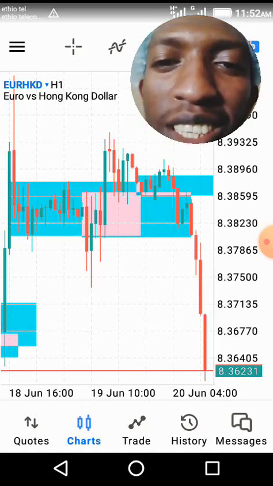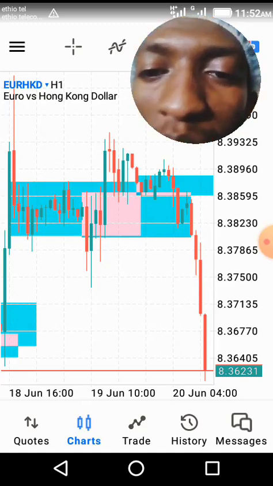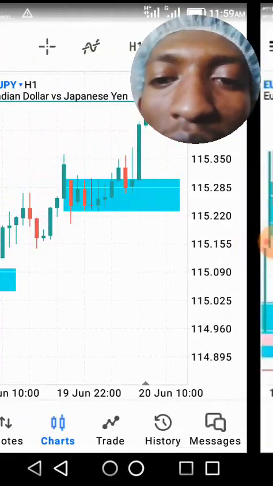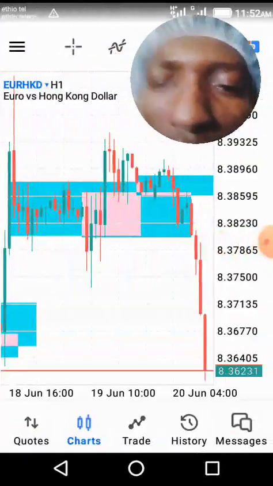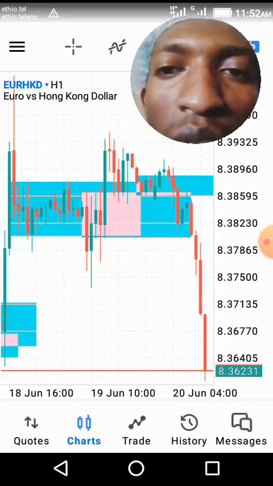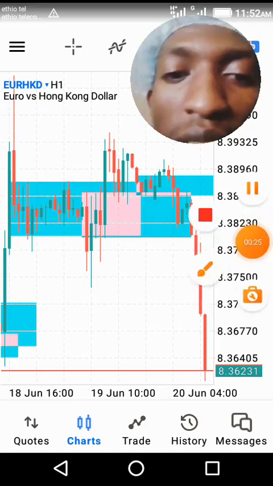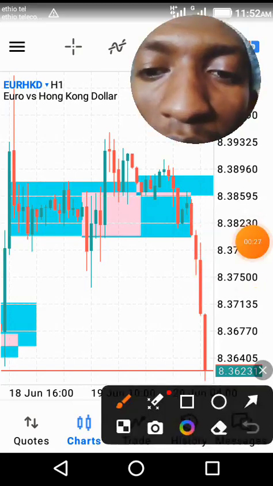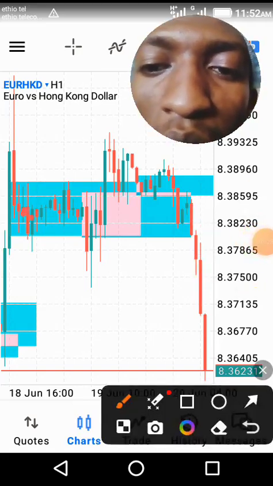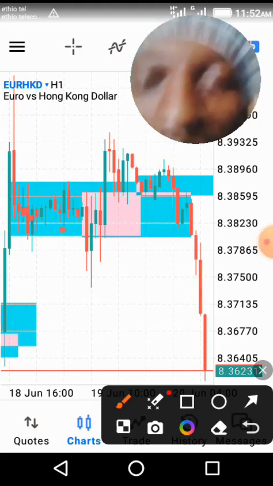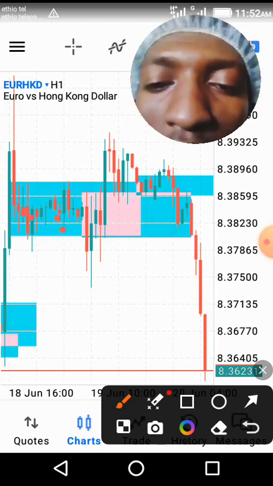Yesterday, in the previous video, we saw this Guardian buy, and we saw this Euro Hong Kong dollar buy and sell. You have seen me explain this sell down there, and this buy.